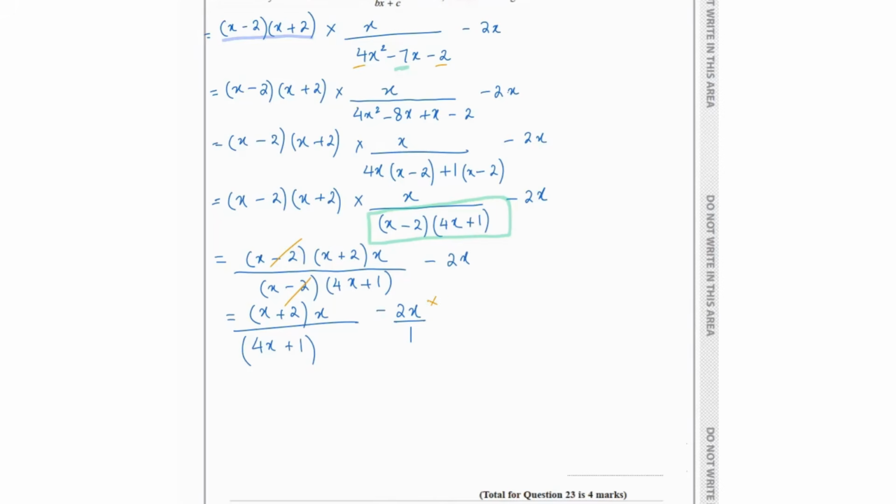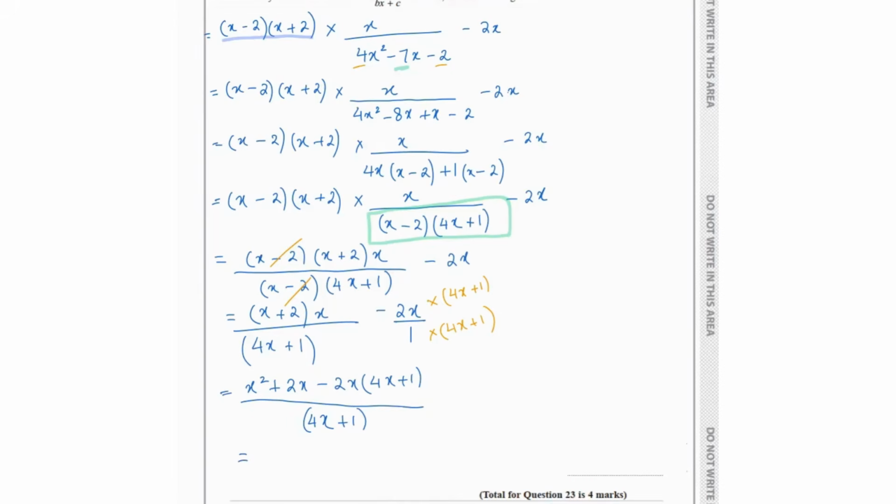So we times this fraction by 4x plus 1, both the numerator and the denominator. So that's x squared plus 2x minus 2x times 4x plus 1. And we have a common denominator of 4x plus 1.